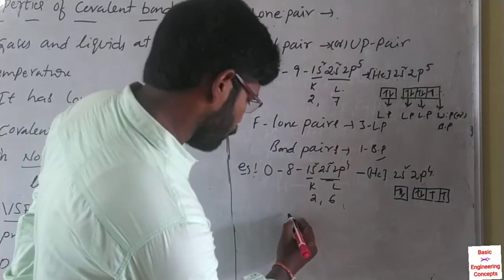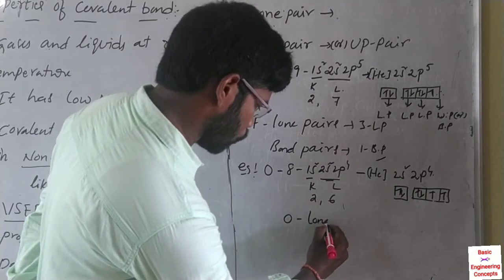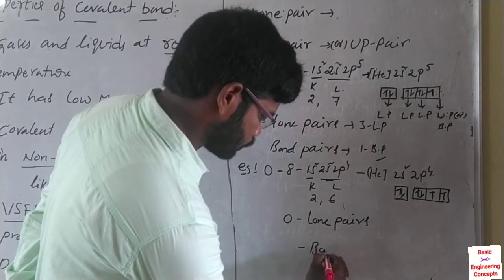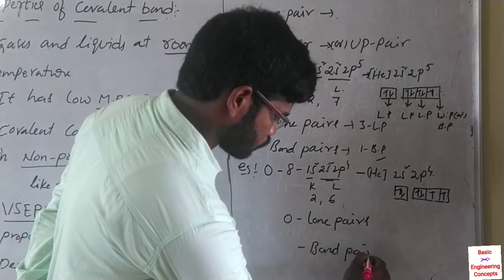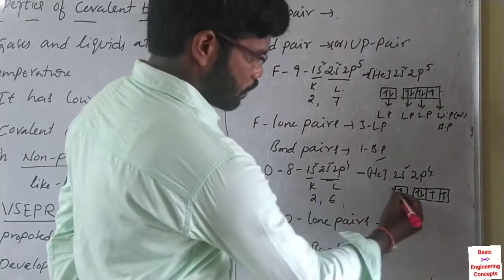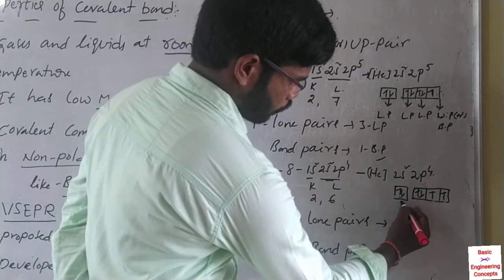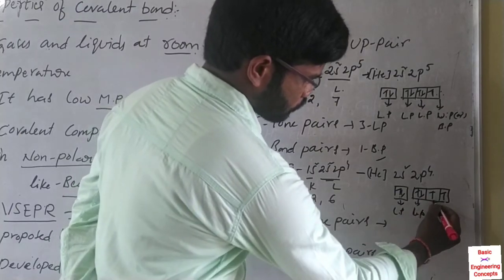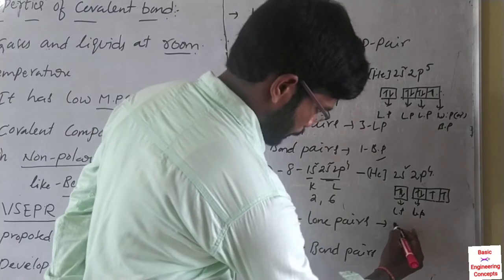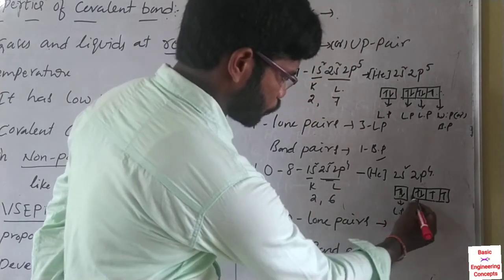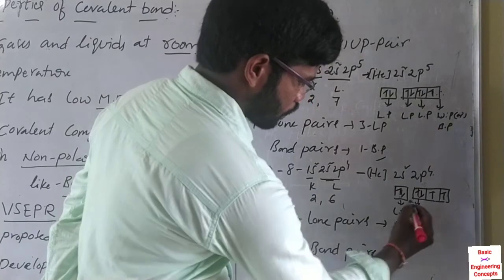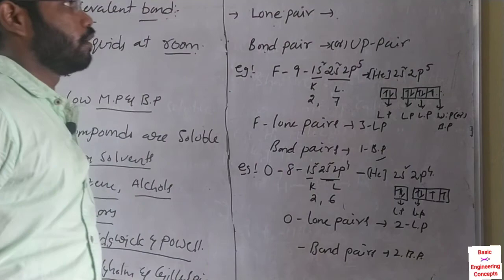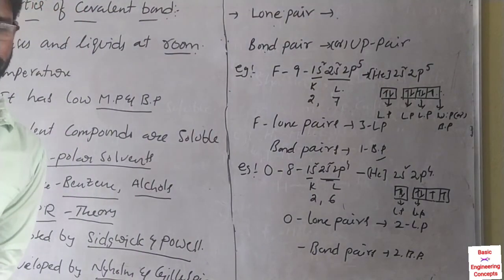So here, how many lone pairs and bond pairs or unpaired electrons does oxygen have? This is one lone pair, this is also one lone pair, and these are 2 bond pairs. So totally oxygen has 2 lone pairs and 2 bond pairs.